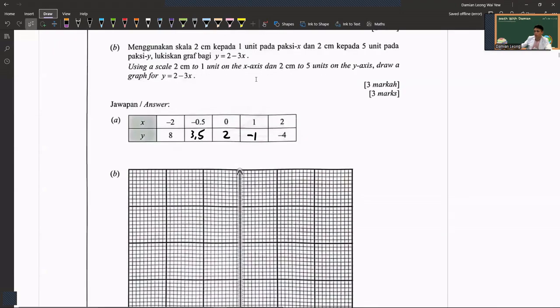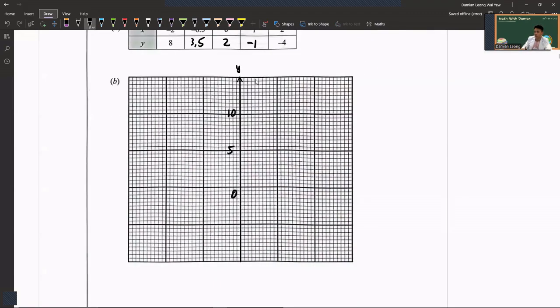The highest y value is 8, so I go up to 10, 5, 0, negative 5. And the horizontal axis here: negative 1, negative 2, 1, 2, the x.